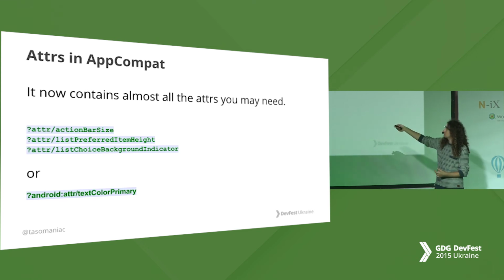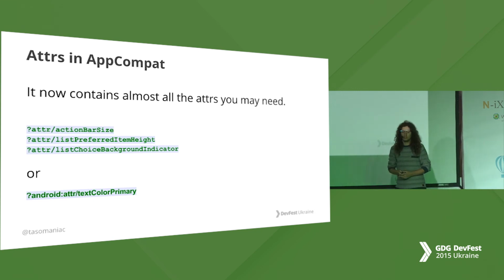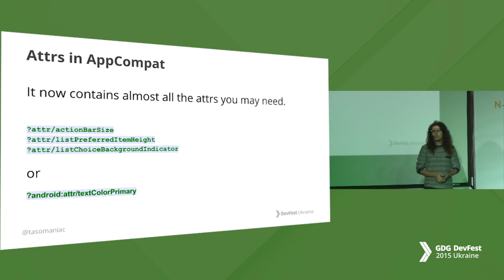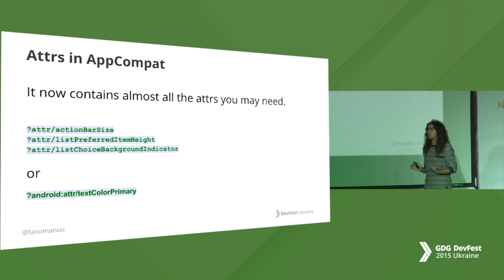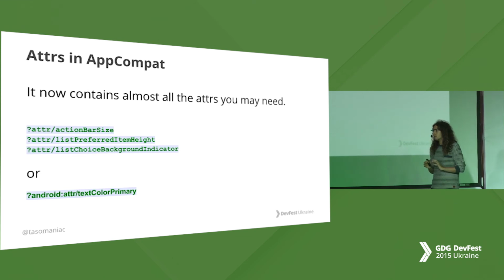But what about the new APIs? For example, this was introduced in API level 11. I think this one was introduced in API level 17 or 16. So the attributes that were introduced after API level 7 are now all available in the Appcompat library.